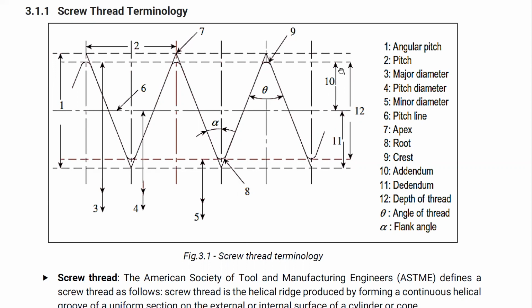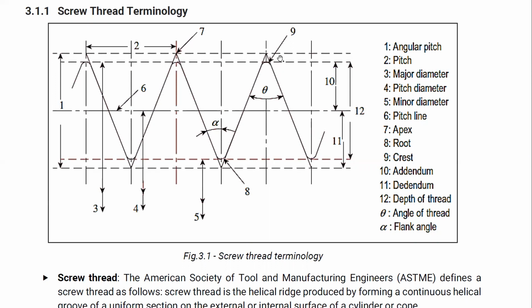Addendum is the top portion above the pitch diameter, and below the pitch diameter up to the root is the dedendum. And this one is the depth of thread, the actual thread. Theta is the angle of thread, and alpha is the flank angle. This one is the flank portion. So the actual geometry will be like this.